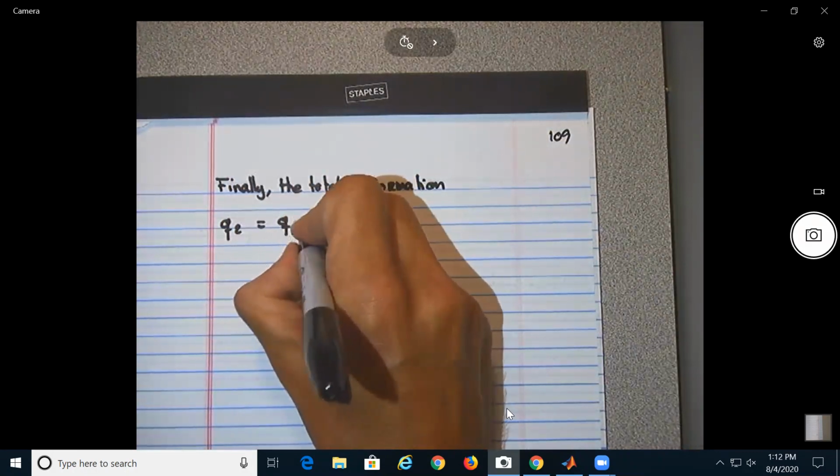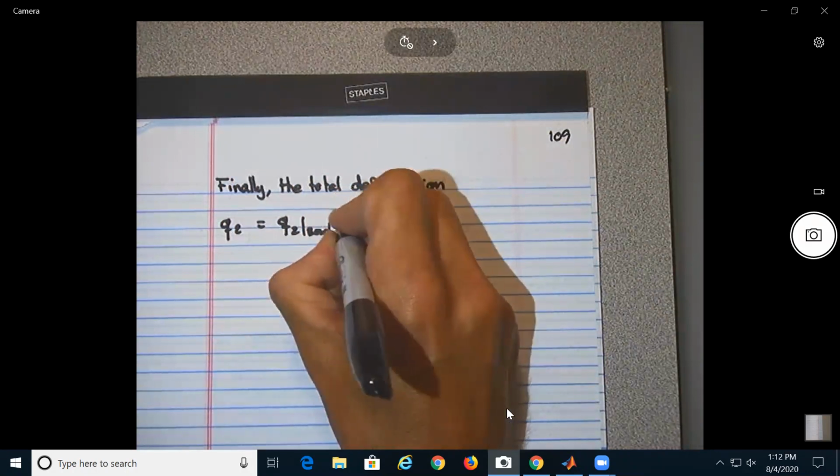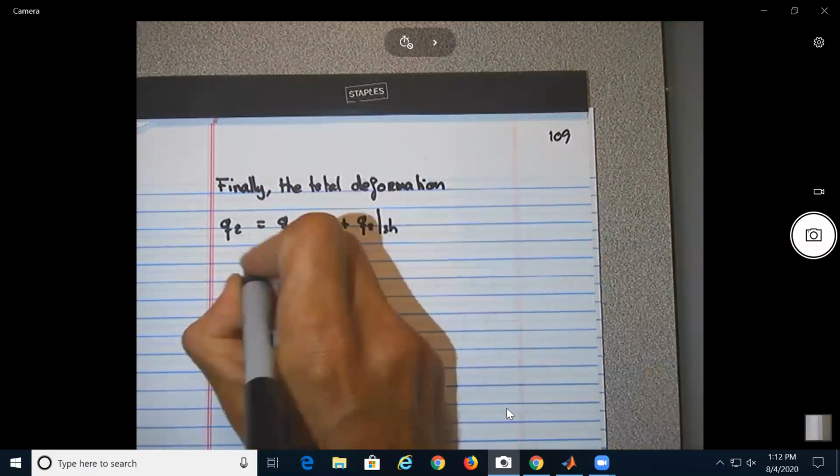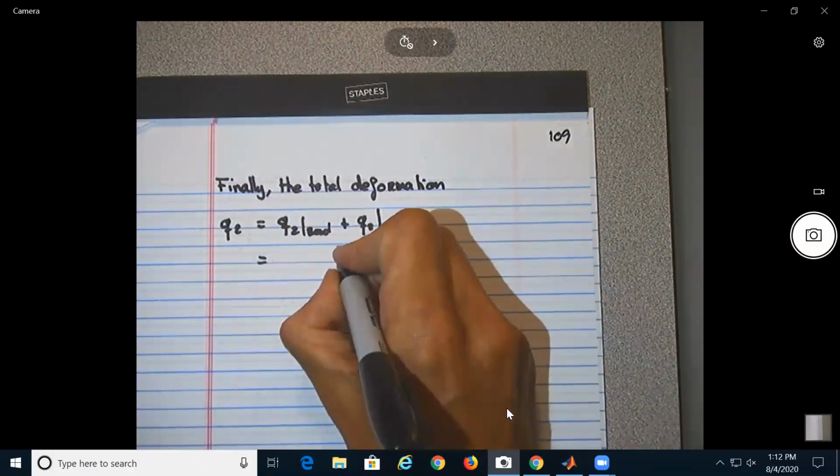Q2 bending plus Q2 shear is equal to what?